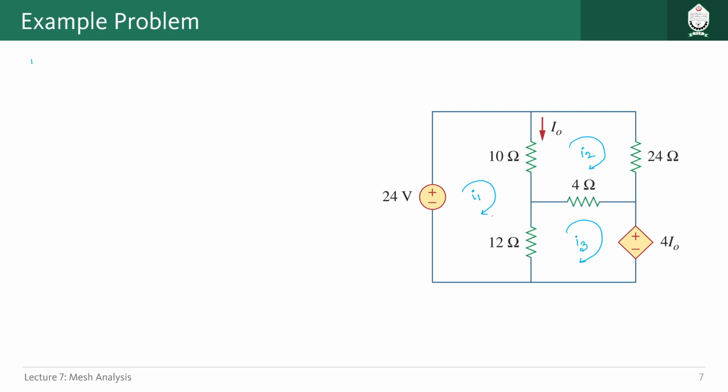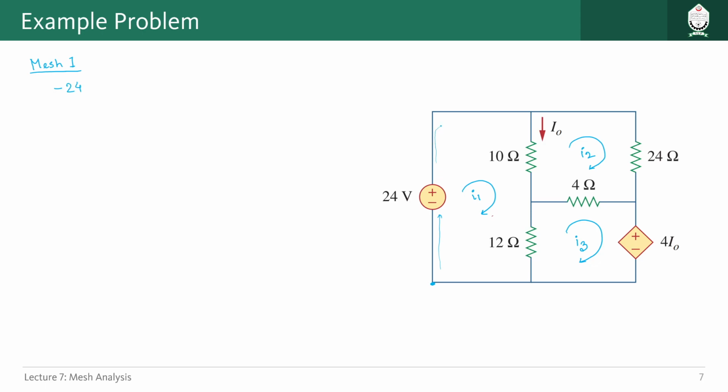So mesh 1. For mesh 1, we will start from here. We will go in the same direction as our I1 current. So in this direction, first we are encountering this 24 volt voltage supply, so minus 24.